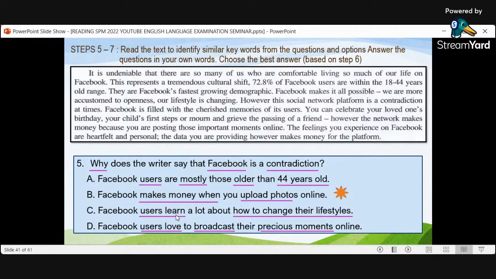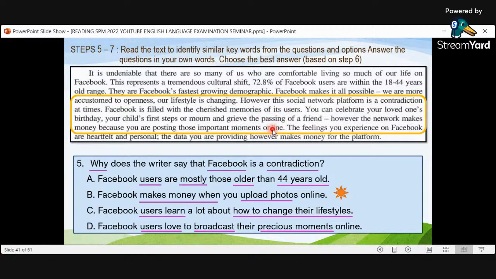This one is the next paragraph. Why does the writer say that Facebook is a contradiction? So let's look at this. The word here is a contradiction at times. It's filled with cherished memories of its users. You can celebrate everything, right? It's the same sentence as before, all right? However, because of the word however here, it says what's contradicting. The network makes money because you are posting those important moments online.